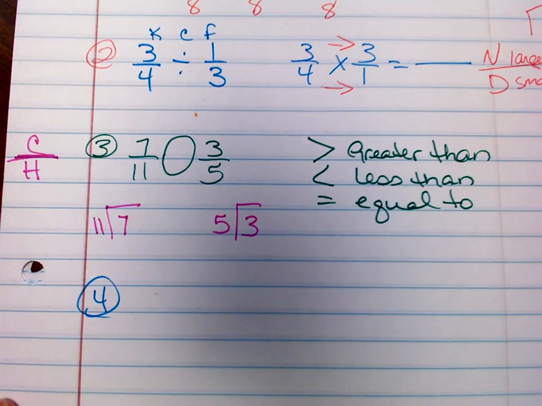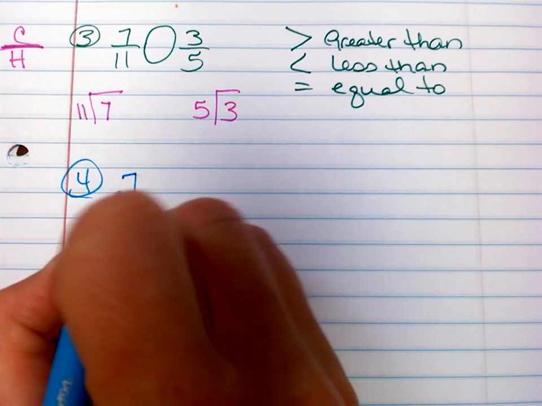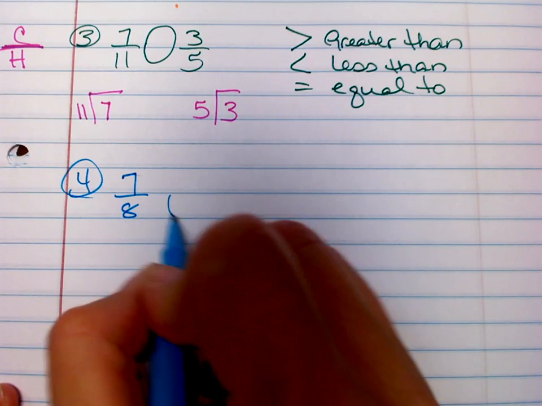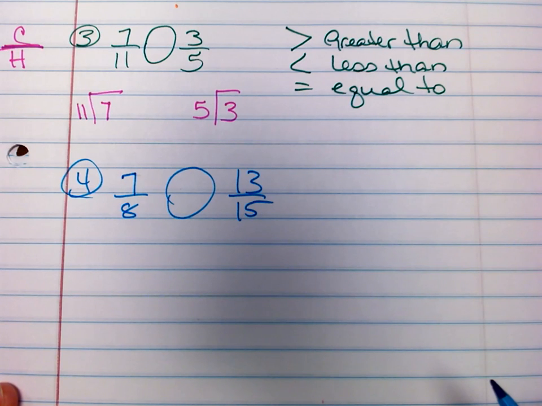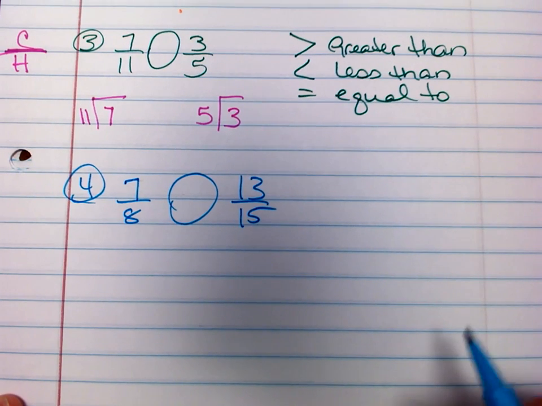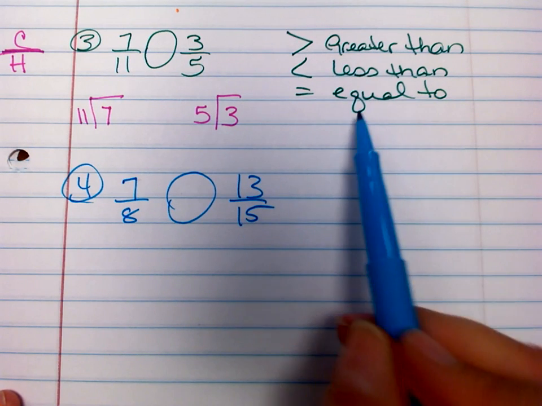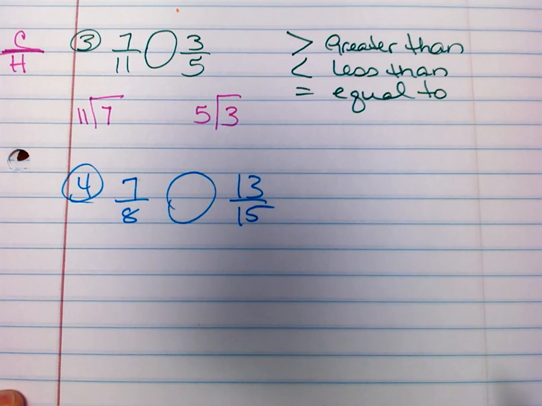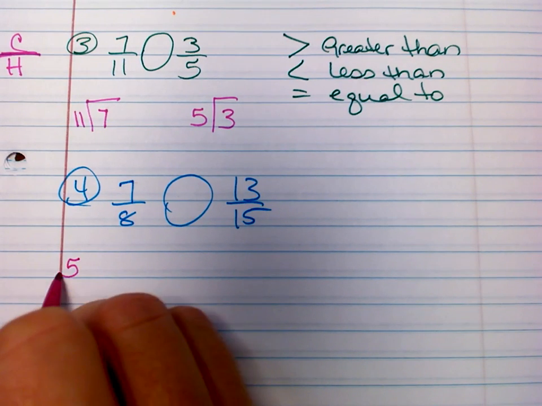Number 4, you have 7/8, 13/15. So again, you're going to turn these into a decimal, and use your sign. Number 5.